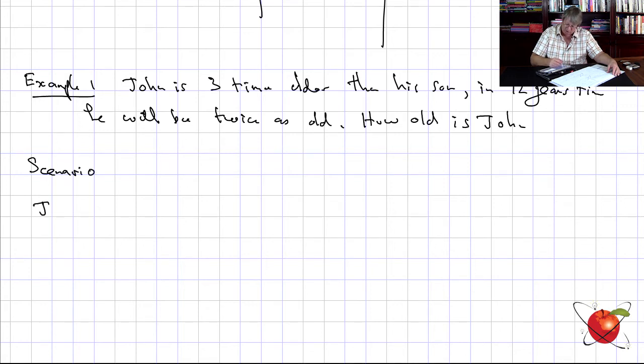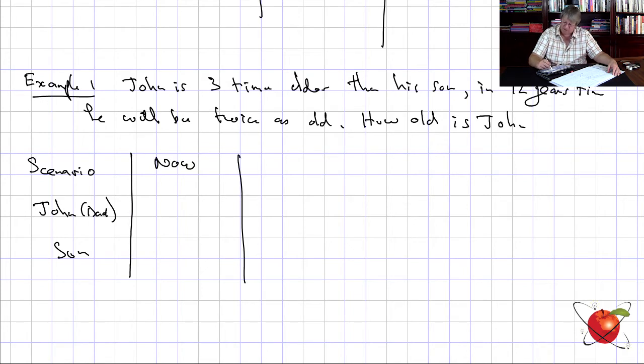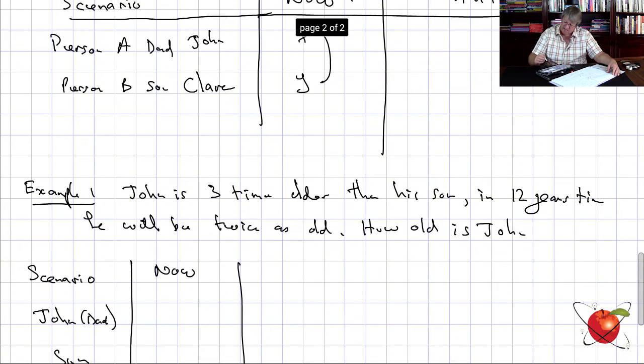We've got John, who is the dad, and we've got the son. I put down the information for now. What did they say? How old is John? That's X. John, the dad, is X.